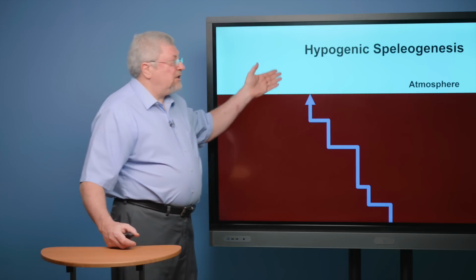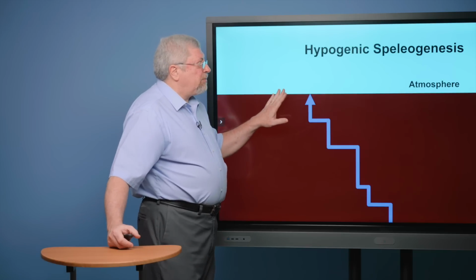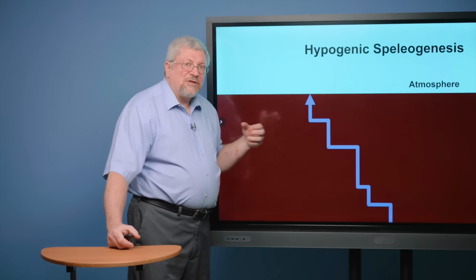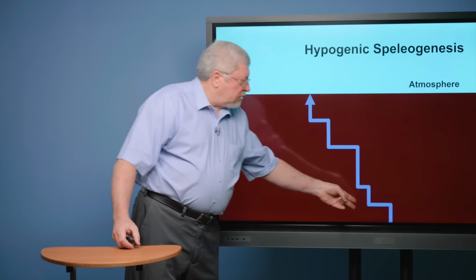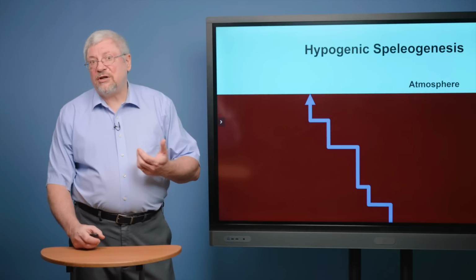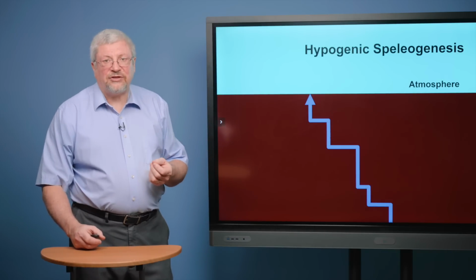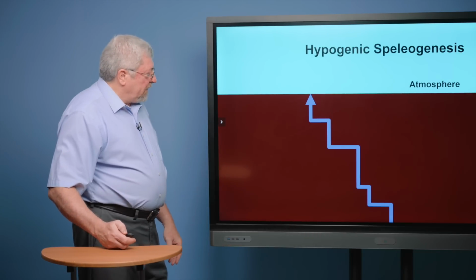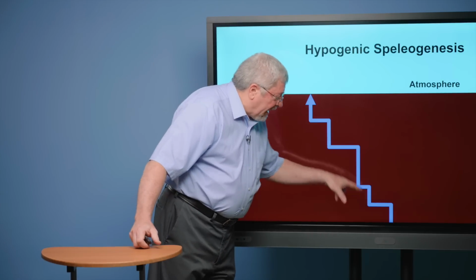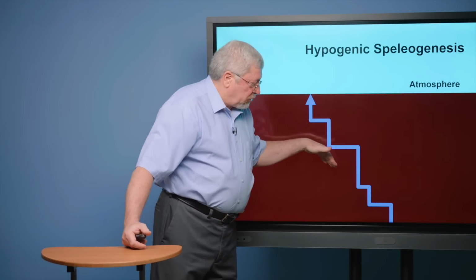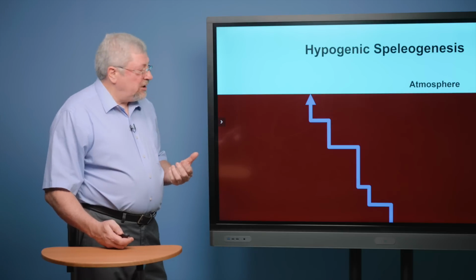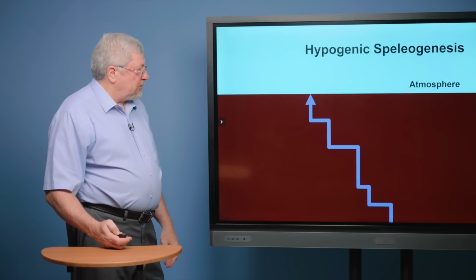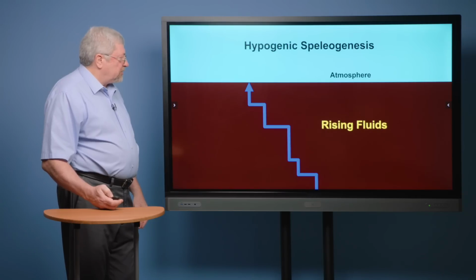Whereas the water in hypergenic speleogenesis is a very weak acid, the water rising from below can be a very strong acid. It can be sulfuric acid, whatever the source rocks beneath will allow. So here waters rise rather than drop, and caves are eroded by rising waters rather than sinking waters.